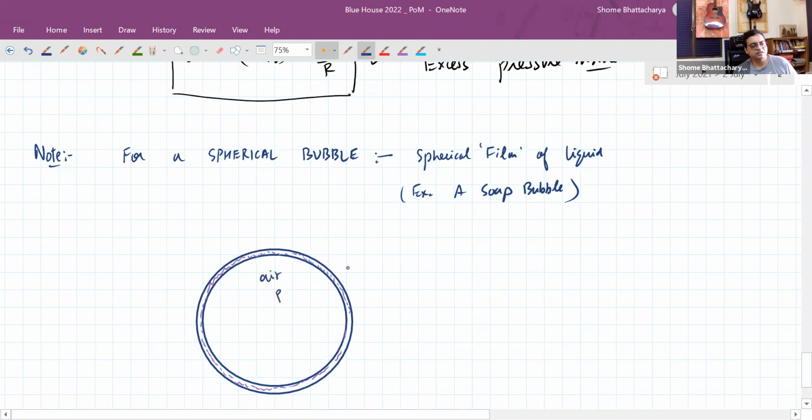Let's say the air inside is at pressure P. The air outside is at pressure P naught. This is the outer surface. This is the inner surface.